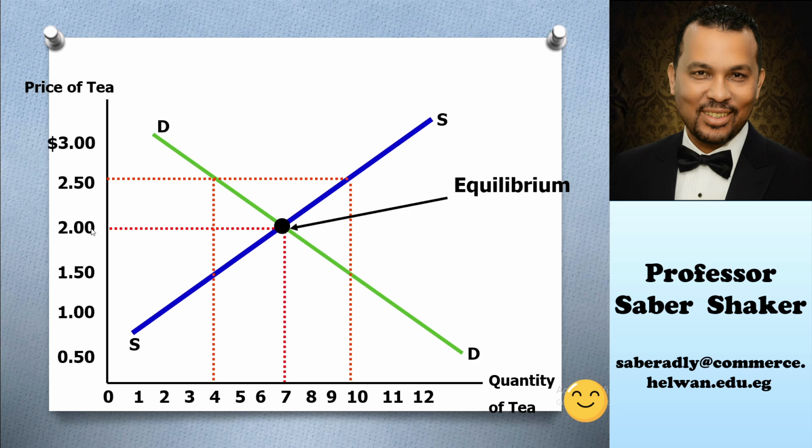So QS is greater than QD, or QD is lower than QS. So this is surplus or excess supply. This is the first case of disequilibrium. Equilibrium is still the intersection between demand and supply. This is equilibrium and this is disequilibrium.